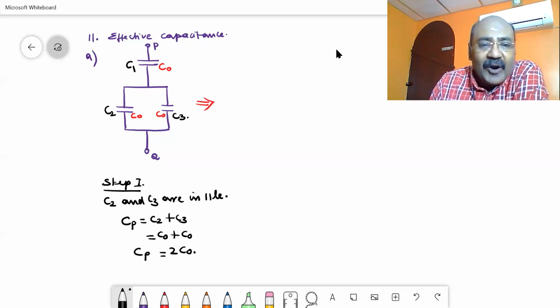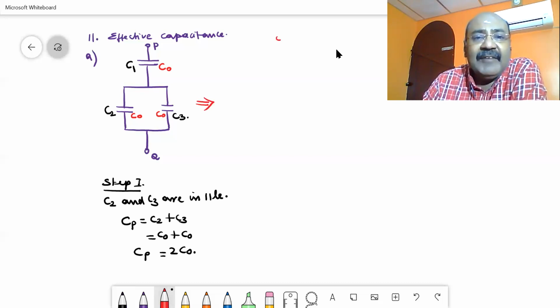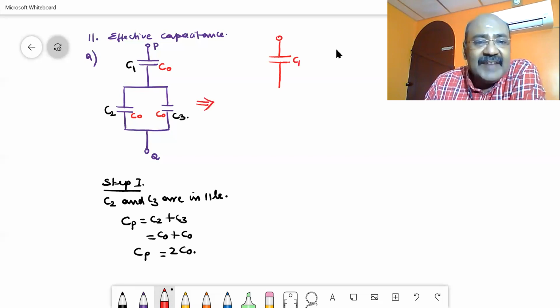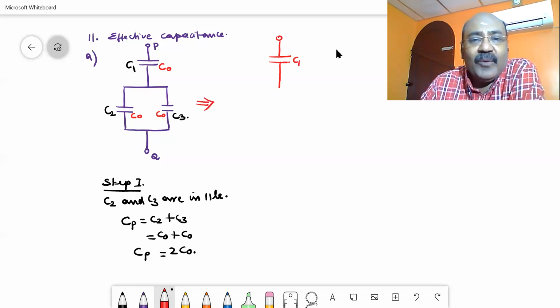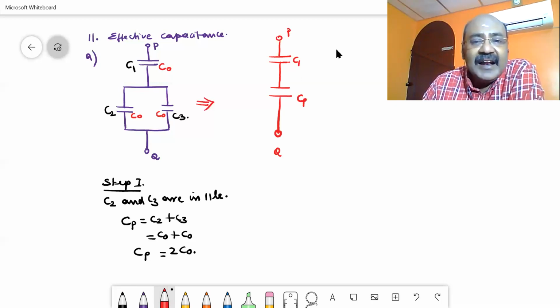Now I am drawing the equivalent diagram for this. How will this diagram become? You will have C1 as it is, but instead of C2 and C3, we can replace them with a single capacitance called Cp. So this end is P, this end is Q. Now simplify this; let us consider that as step 2.